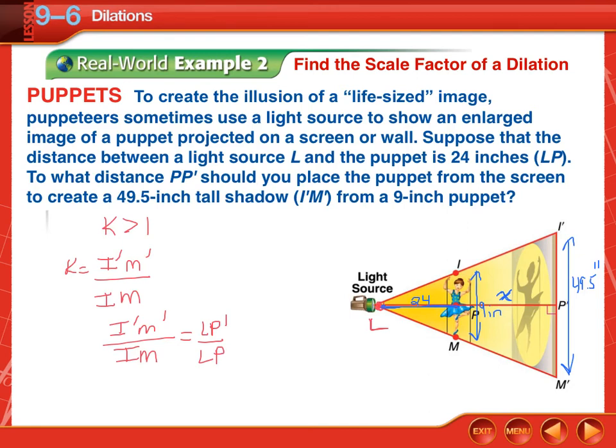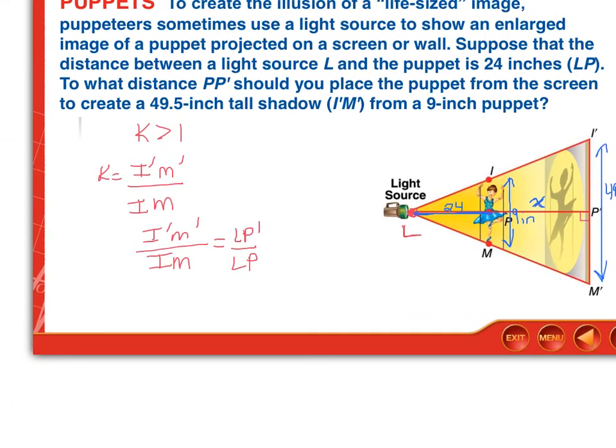So we can substitute our numbers in here and see that I prime M prime we want to be 49.5, and IM of the original puppet size is 9 inches, and LP prime is what we need to solve for, but we know LP is 24.